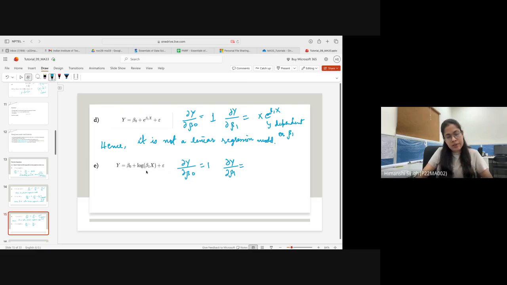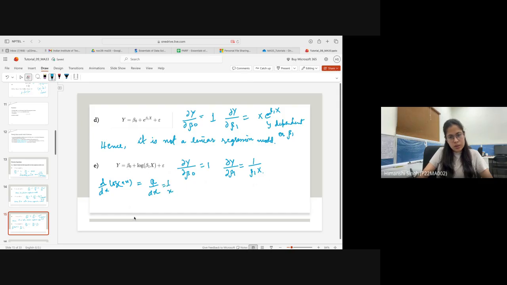So the derivative of log x is 1 upon x. If I consider d/dx of log of ax, what it will be is 1 upon ax and the derivative of ax, that is a, so it will be 1 upon x.